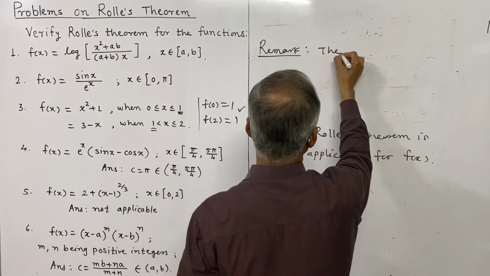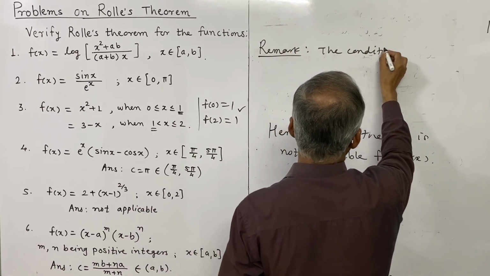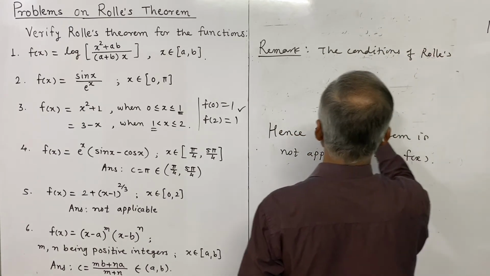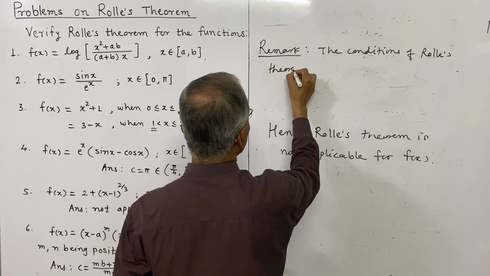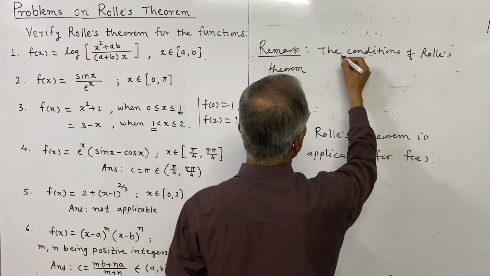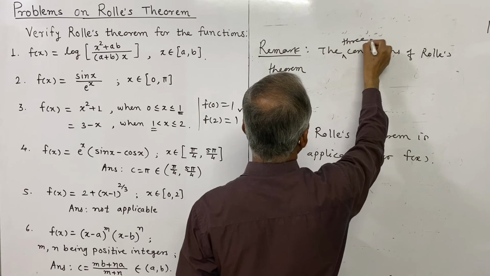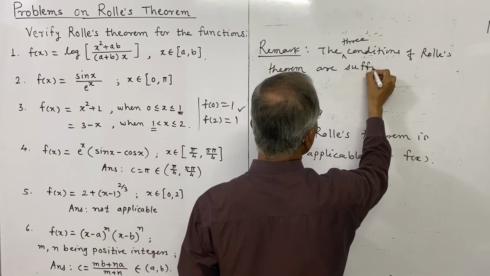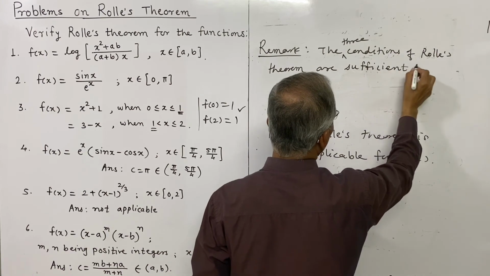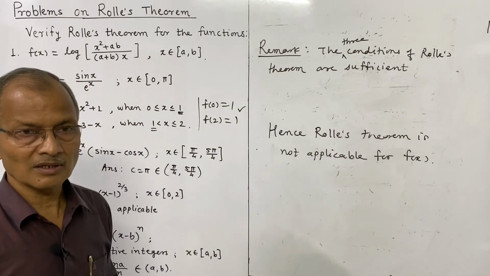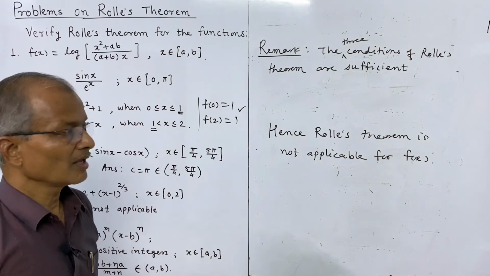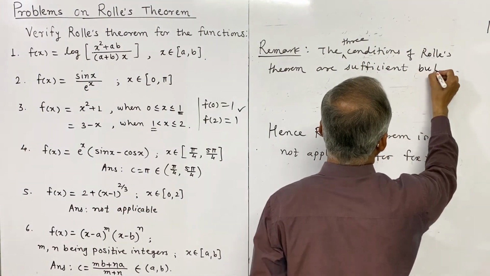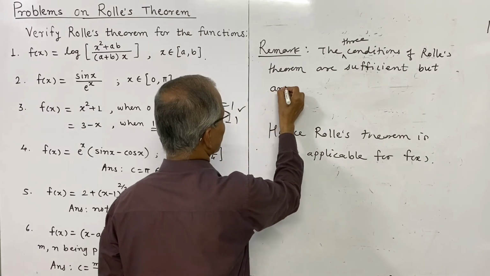The three conditions of Rolle's theorem are sufficient. It means if these are satisfied, then there certainly exists c belonging to AB such that f dash of c is 0, but they are not necessary.